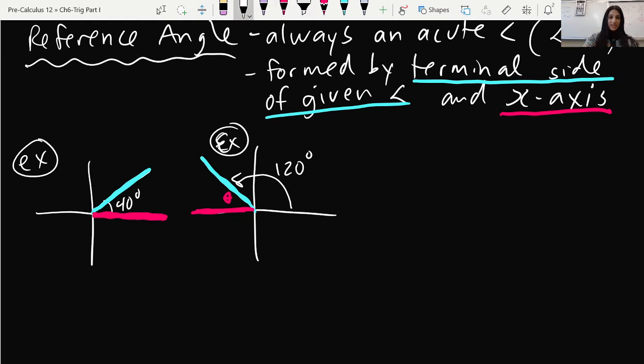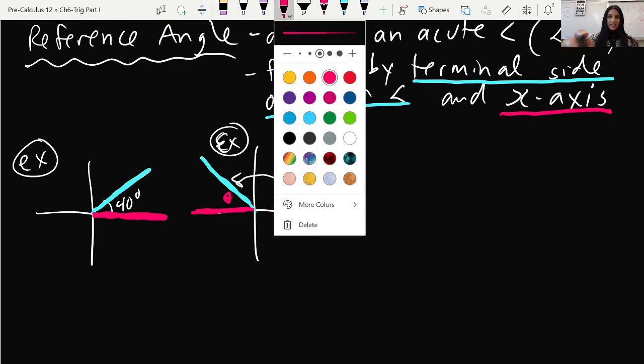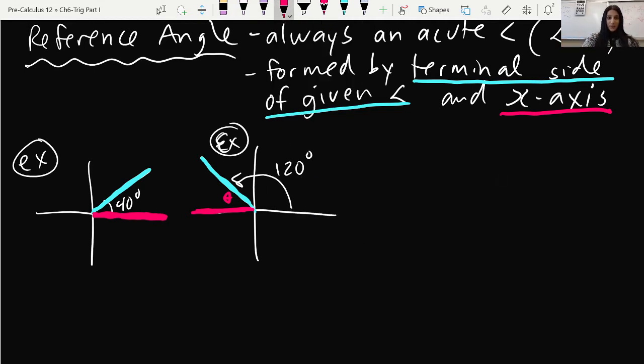So let me do the work down below here. If I want to know what this theta is, it's 180 degrees to get all the way to a straight angle, and I'm going to subtract from it the 120 degrees that helped me to form where the terminal arm goes.